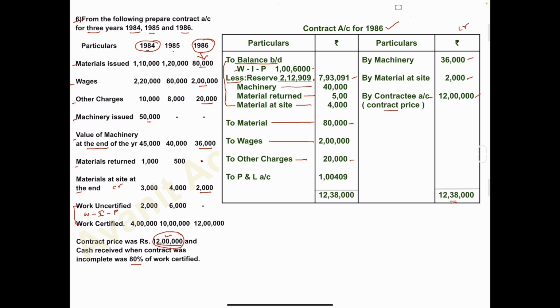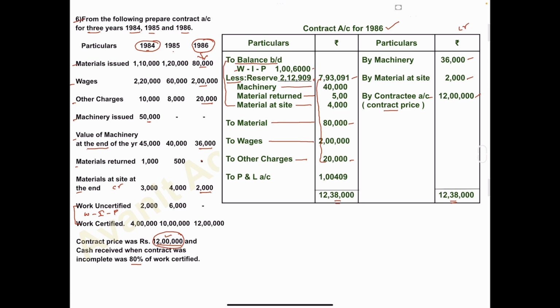The same balance we'll write on the debit side, 12 lakh 38,000. From 12 lakh 38,000 minus all these amounts: 7 lakh 93,091, 40,000, 500, 4,000, 80,000, 2 lakh 20,000.